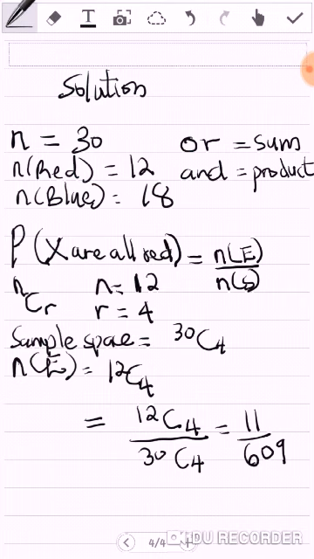So let's solve part 2. Part 2 says they are all of the same color.